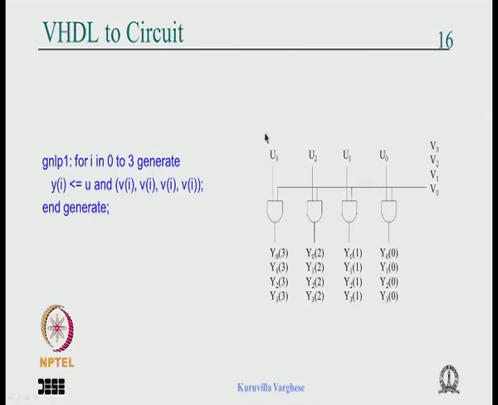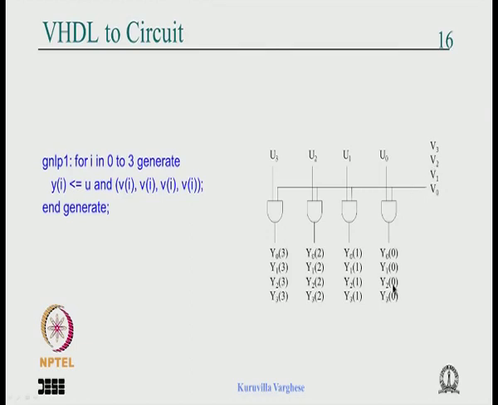You have a multiplicand which is 4 bit u3, u2, u1, u0, and a multiplier which is 4 bit. The first partial product is formed by the least significant bit of the multiplier ANDed with this multiplicand, then V1 is ANDed with this, you get the second partial product, V2 is ANDed with this, you get the third partial product, and then V3 is ANDed and you get the fourth partial product. Okay, that is what is done here.